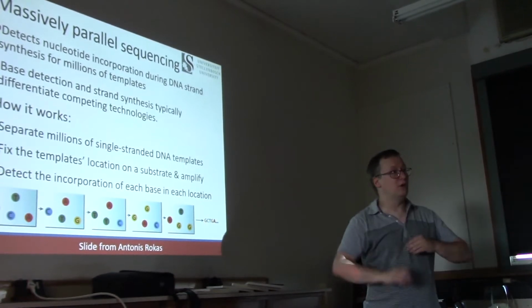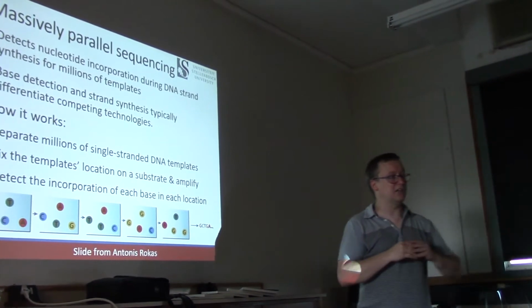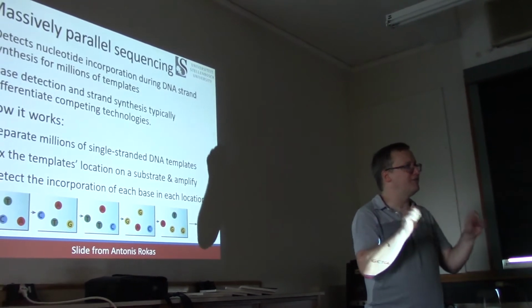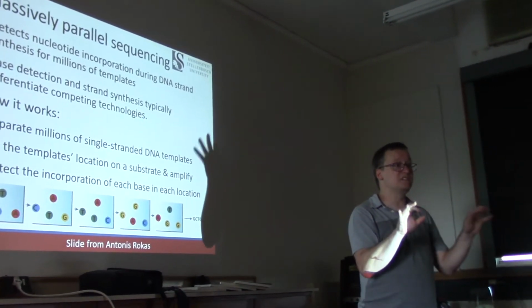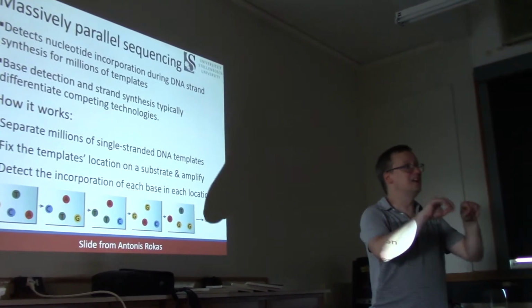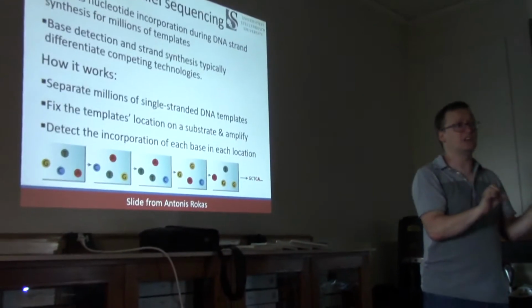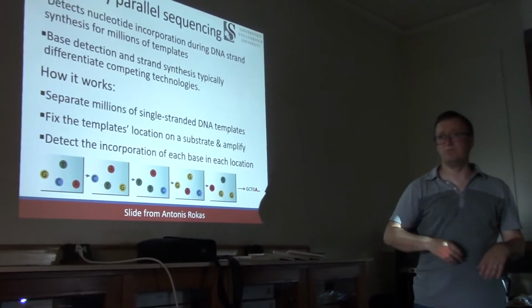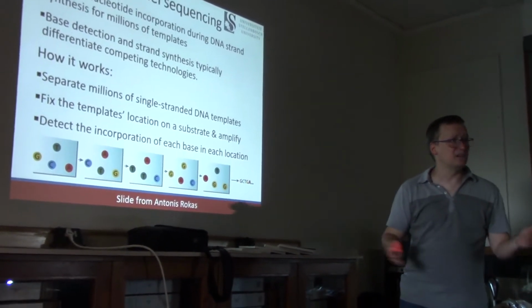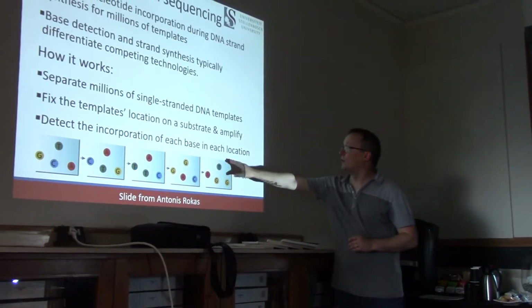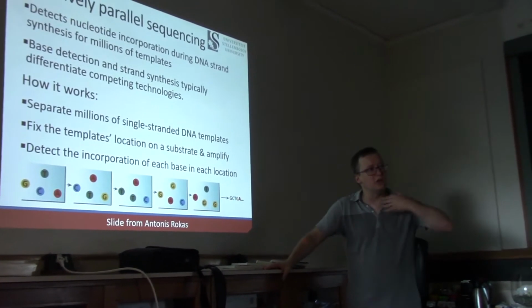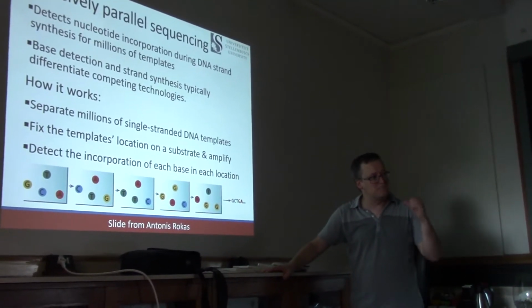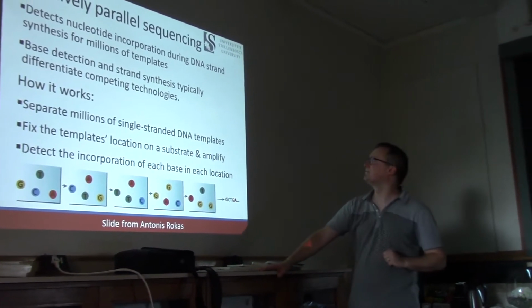Although with the old school sequencers, like the ones you got from ABI back in the day, you might have had 384 capillaries, which meant you could sequence 384 different template sequences all at the same time. That's child's play compared to what you can do on your basic MiSeq today. So we have lots of options for doing this, but all of these technologies really build upon the ability to sequence many templates all at once.